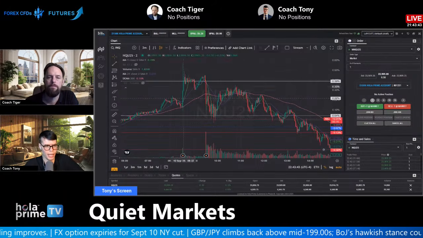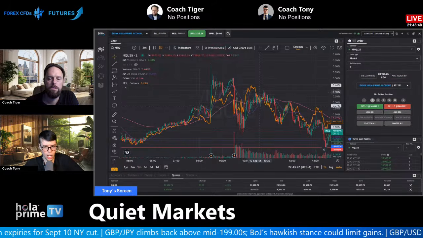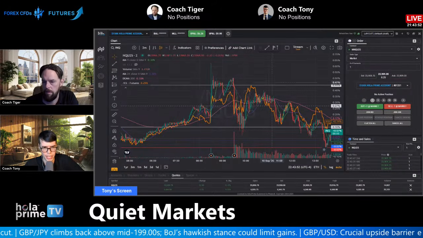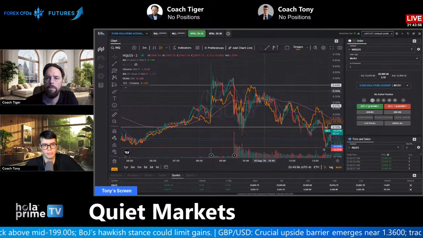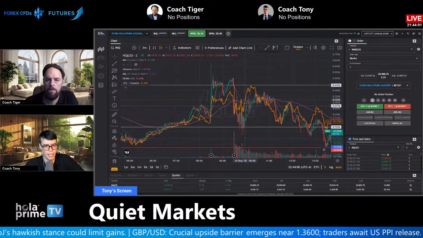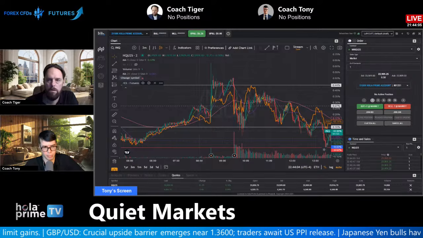What I was looking at, again, plays into my long thesis, as I was looking to be long the NASDAQ for a breakout above that 15-minute opening range, or at least getting somewhere close to it. This is that top white line. This is an S&P overlay, so I'm comparing two symbols here.